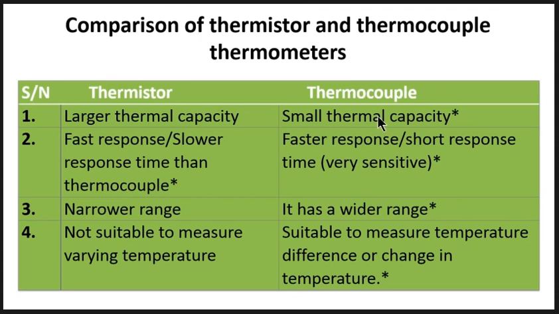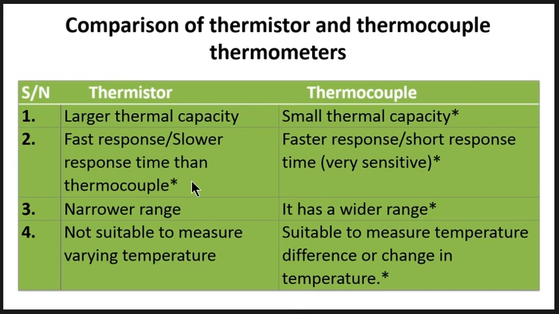In relation to the first point, it shows that the thermocouple responds very fast compared to the thermistor, because it is very sensitive to heat. Though the thermistor also has an advantage over every other thermometer based on these attributes, so it's still a relative advantage, but the thermocouple exhibits more sensitivity.